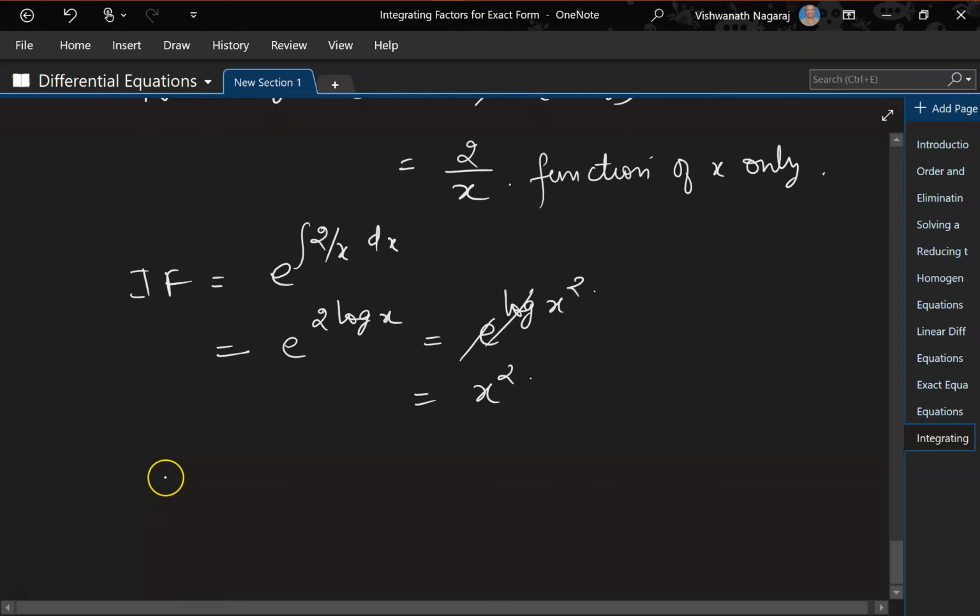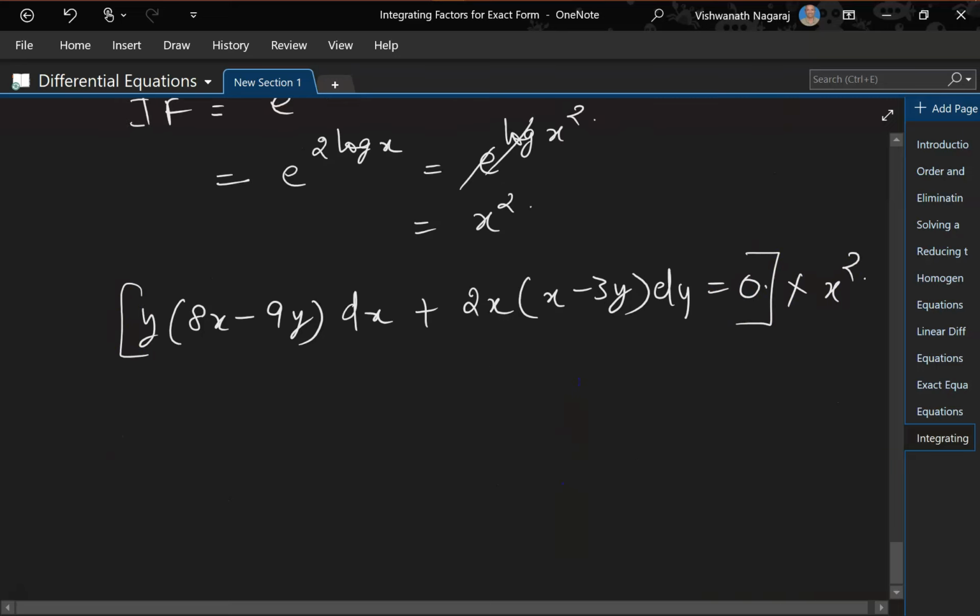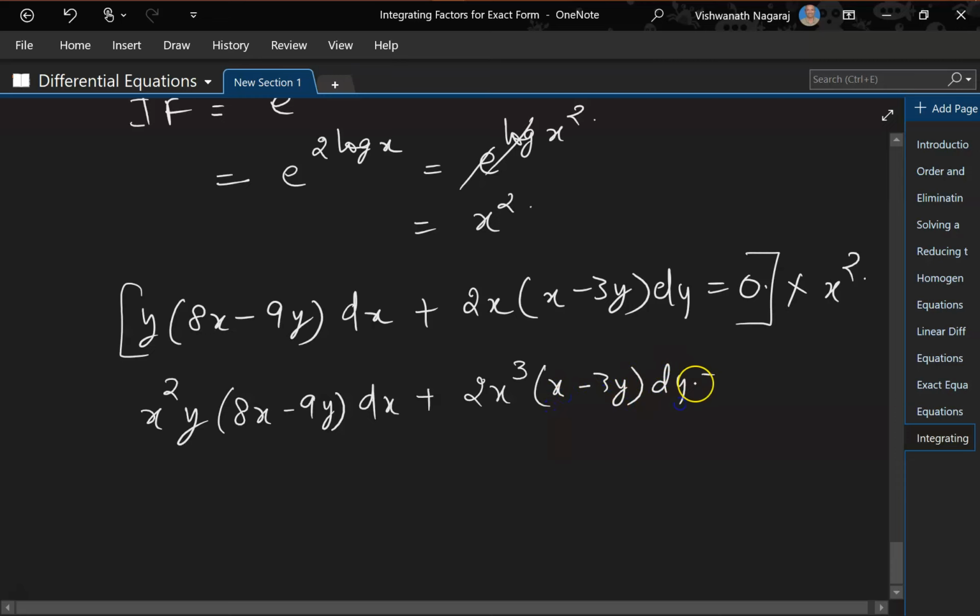Now let's go back to our original equation. y times 8x minus 9y dx plus 2x times x minus 3y dy equal to 0. To this we multiply our integrating factor, x square. So we get x square y times 8x minus 9y dx plus 2x cube times x minus 3y dy equal to 0.